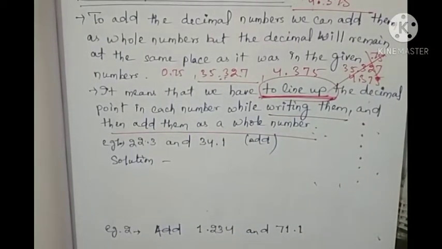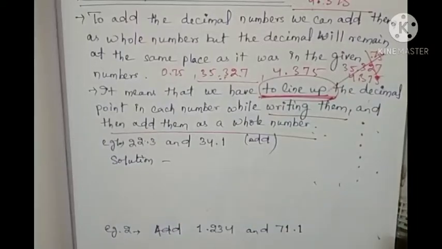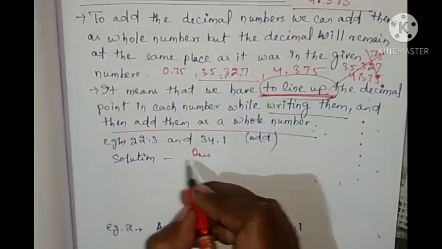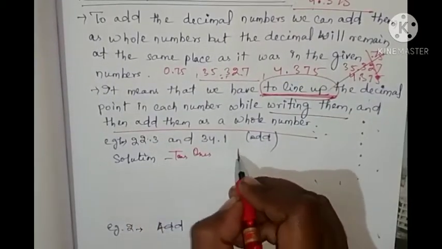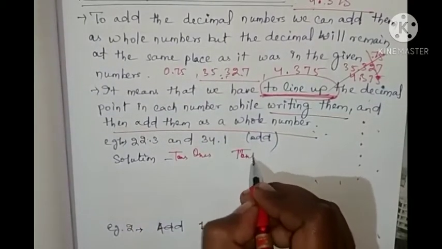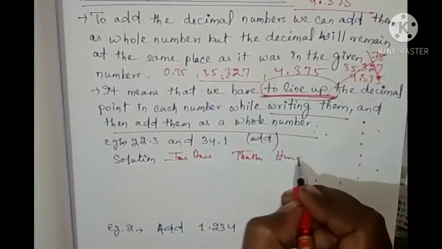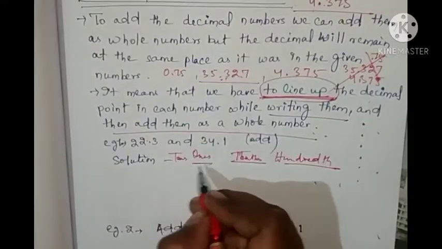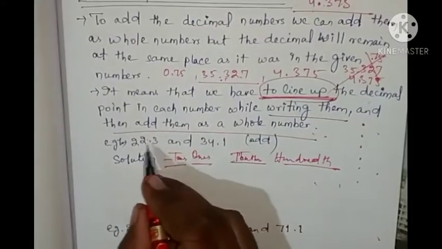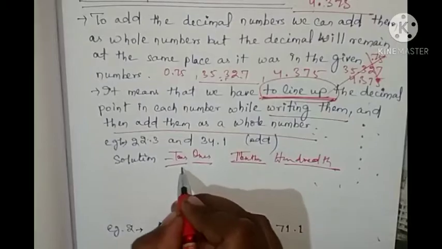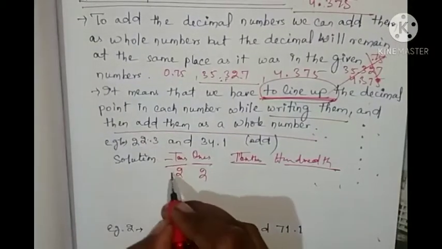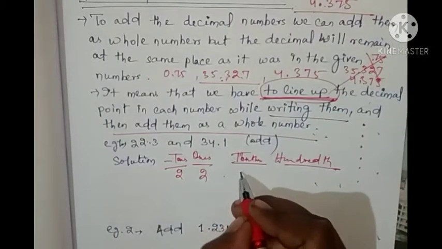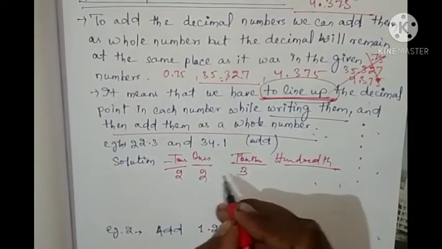You can put the place value chart with tens, ones, tenths. So in 22.3, 2 is in the tens place, 2 is in the ones place, the point is here, and 3.